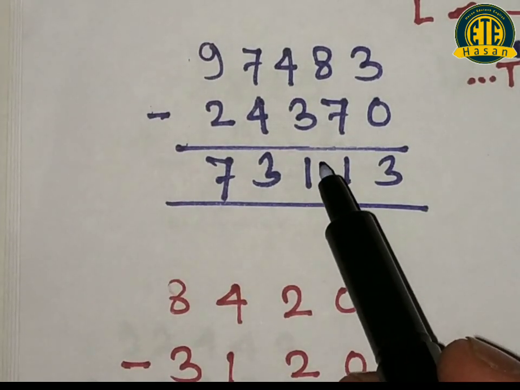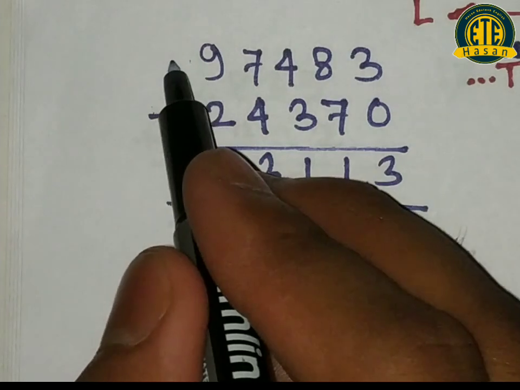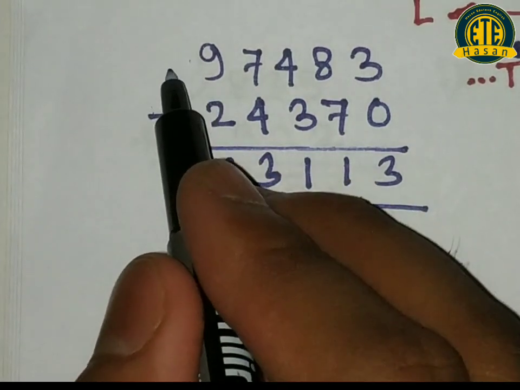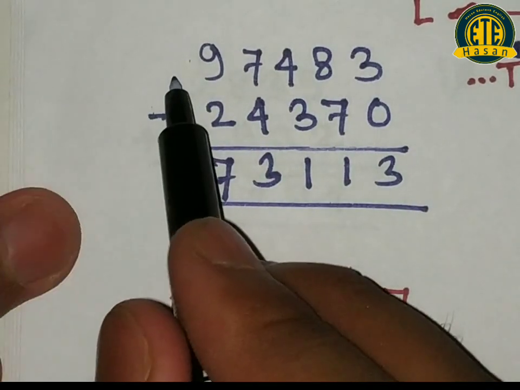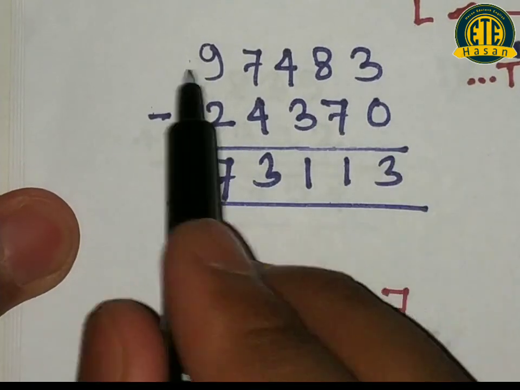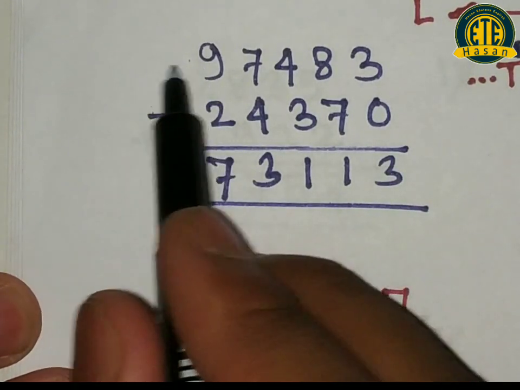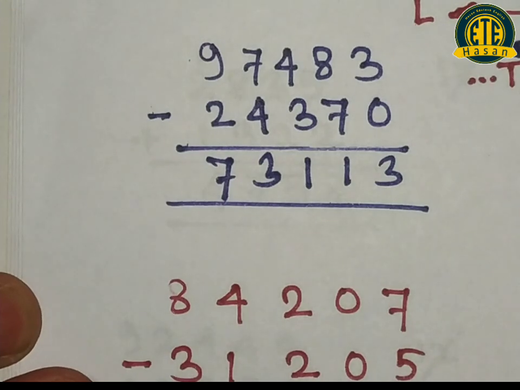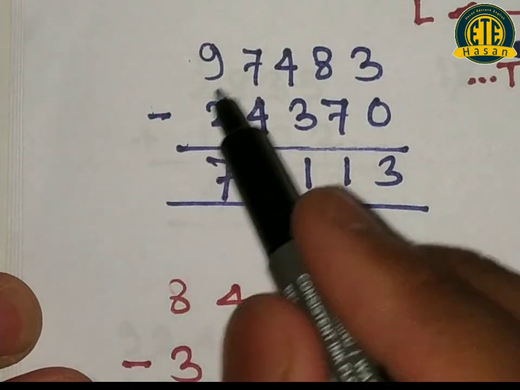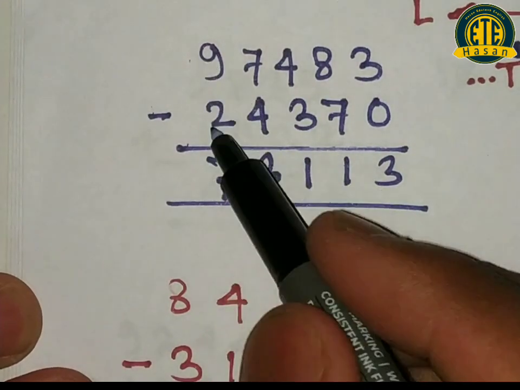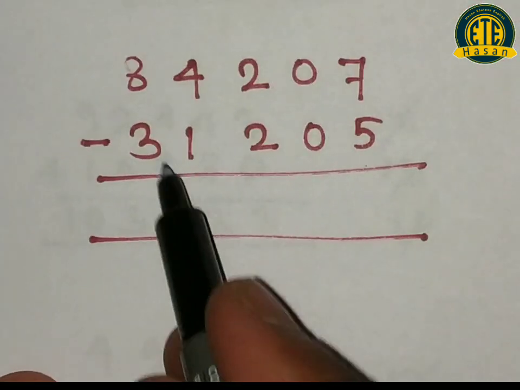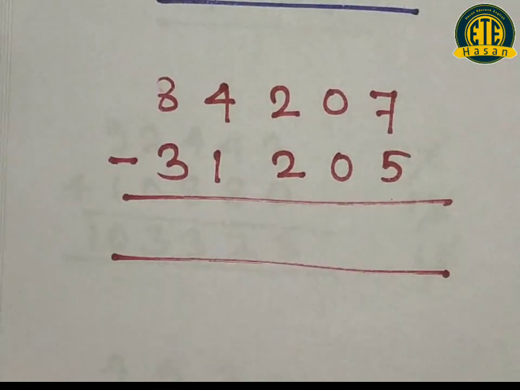One thing you have to remember: here there is no sign, either minus or plus. Is there any sign before this number, before 9? No. If no sign is mentioned, by default we consider it a plus sign. So we subtract from plus to minus. Similarly here before 8, is there any sign?